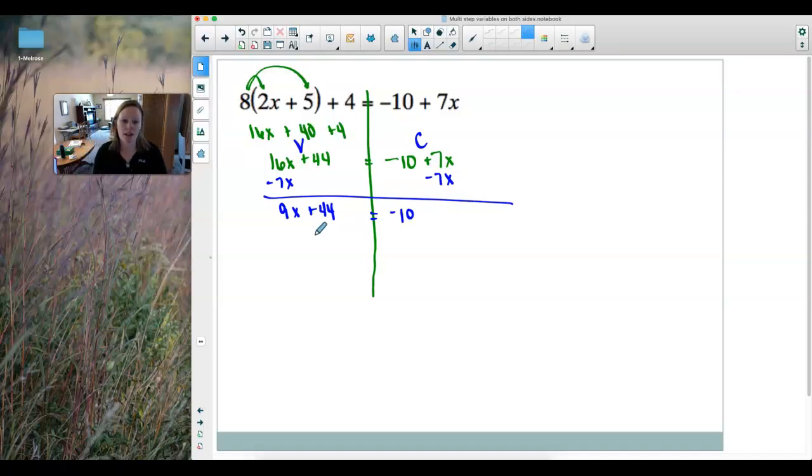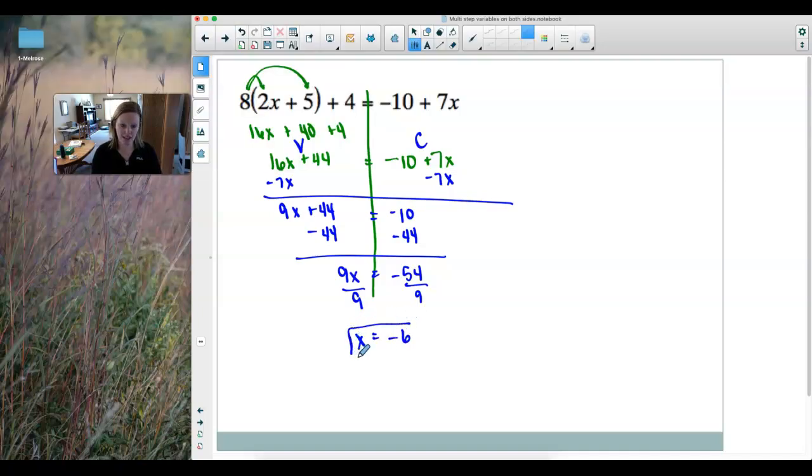Then we are going to subtract 44 from both sides. So we have 9x equals negative 54. And we finish up by dividing by 9. We have now isolated the variable, so we have x equals negative 6.